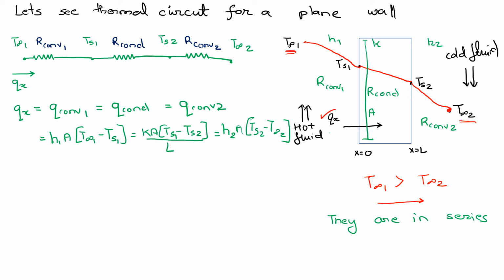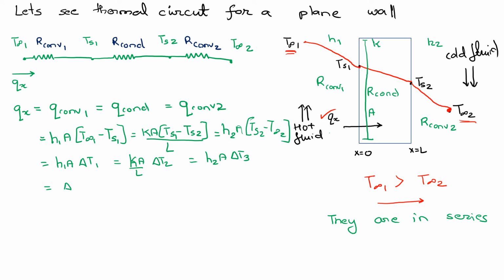Now I can write this down as H1A into delta T1 equals KA by L into delta T2 equals H2A into delta T3. Or let's write it down so that it resembles Ohm's law.